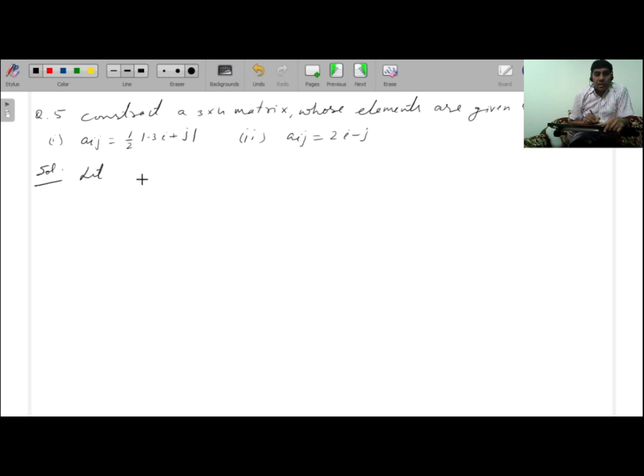Let A is equal to A11, A12, A13, A14, A21, A22, A23, A24, A31, A32, A33, A34 is the matrix of order 3 by 4.